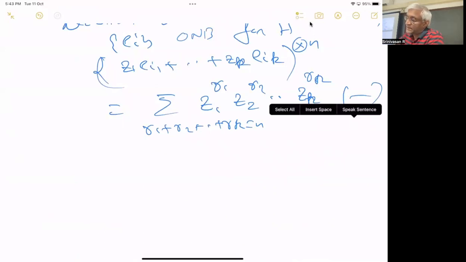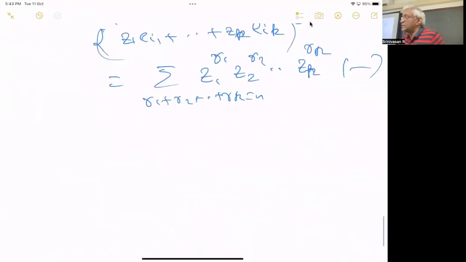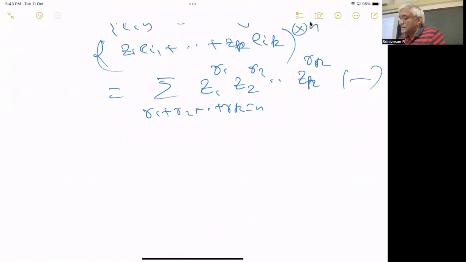Now you have to get each one of the symmetric tensors from that. This is true for all z, so use some idea to get that symmetric tensor. That is the assignment. So this will prove that this is a total set of exponential vectors.